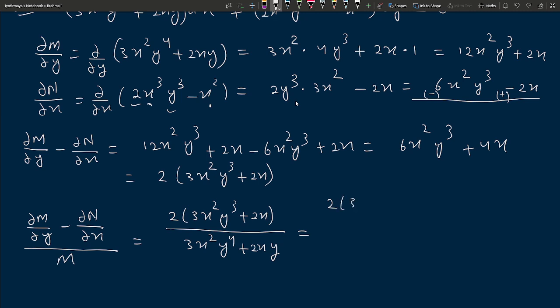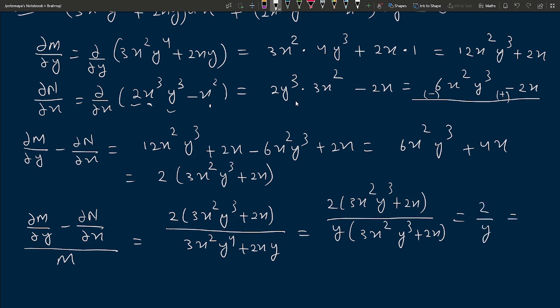Now take y outside, you will find 3x square y cube plus 2x. Now 3x square y cube plus 2x cancels, so you have 2 by y. Now this is a function of y only.